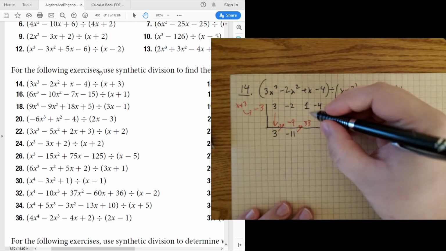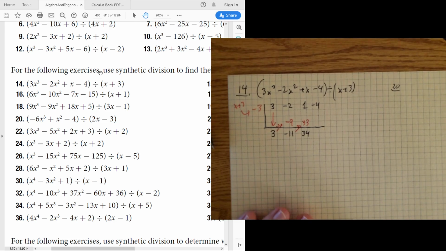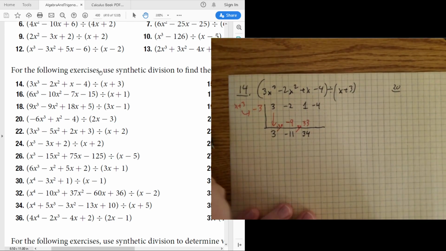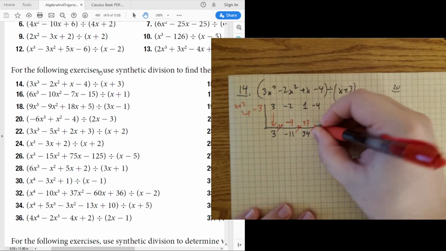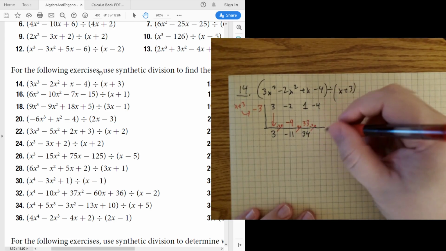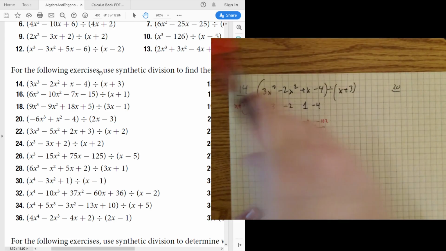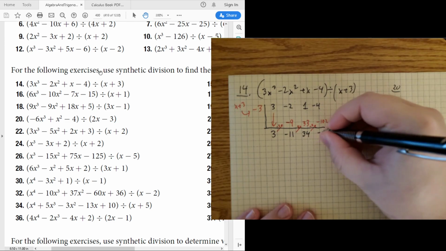Add those together. 1 and 33 together makes 34. Okay, so we take 34 times negative 3, and 34 times negative 3 would become negative 102. Add those together, we should get negative 106.